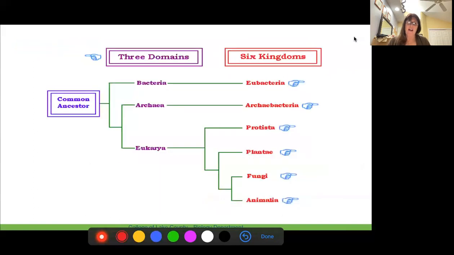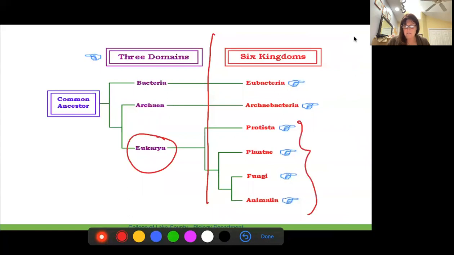So this is kind of like an overall picture showing the side-by-side kingdom versus the domain. So bacteria is the same as eubacteria, archaea, archaebacteria, those are the same. You can interchange those for me. I really don't care whether you call the domain bacteria or eubacteria. And then we have eukarya, which we unpack in the kingdom system down into Protista, Plantae, fungi, and Animalia.